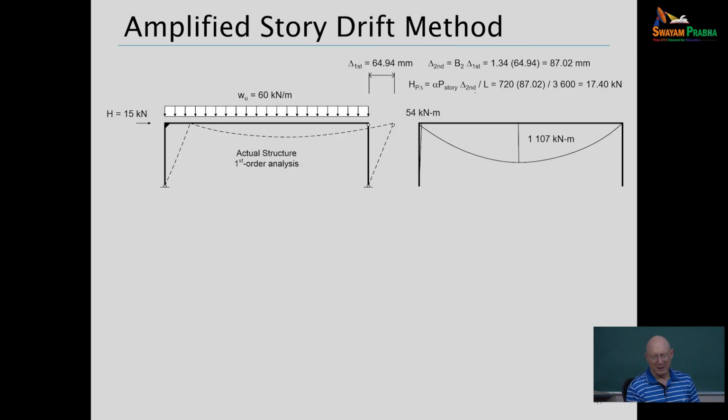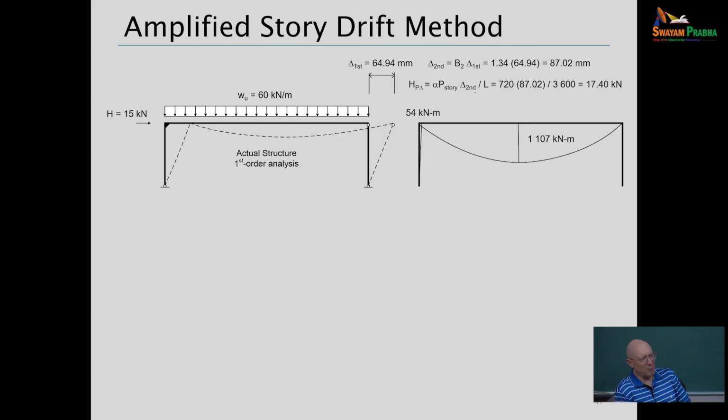I calculate my side sway amplifier B2. We've already done that. That was 1.34. So my actual second order drift is 1.34 times 64.94. It's actually drifting 87.02 because of the P large delta effects on the structure.